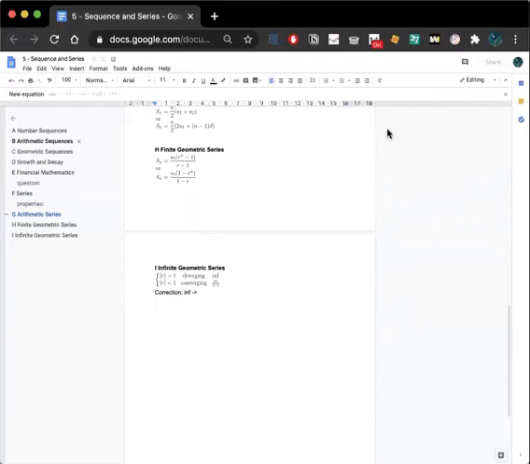Okay, the last part is the infinite geometric sequence. Infinite geometric sequences are special because if you have a ratio more than 1, for example 1.5 or 2 or 3, any value bigger than 1, then the terms increase, maybe even exponentially.